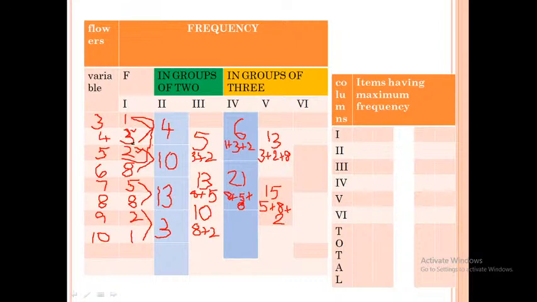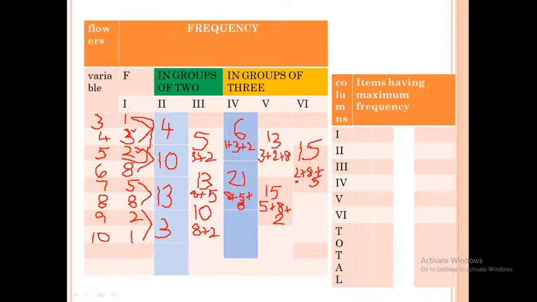So 1 and 3 will be ignored, and the grouping of 3 is done from 2 plus 8 plus 5. 2 plus 8 plus 5 comes to 15.